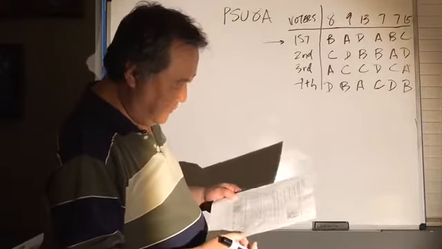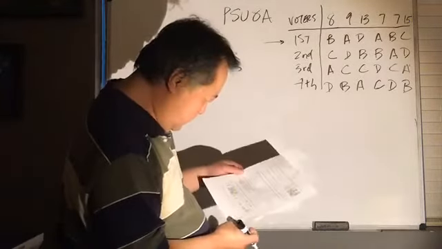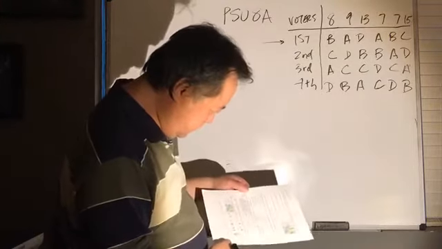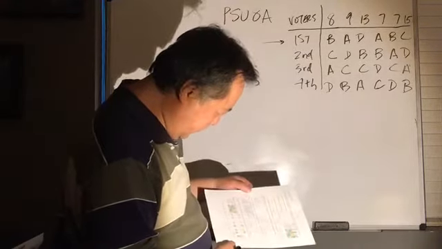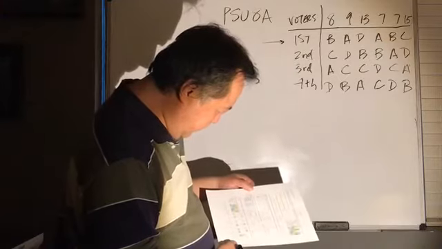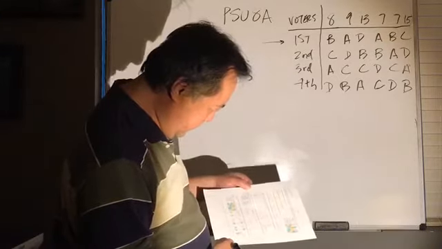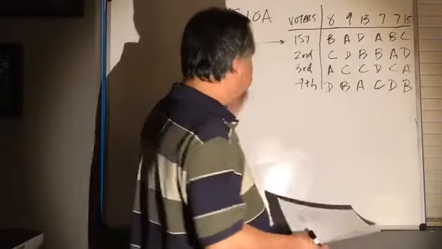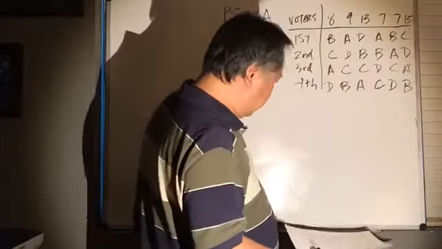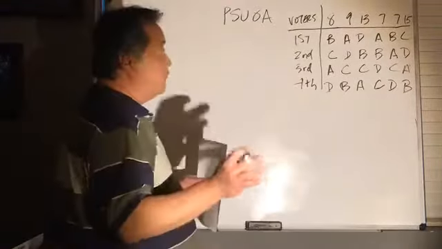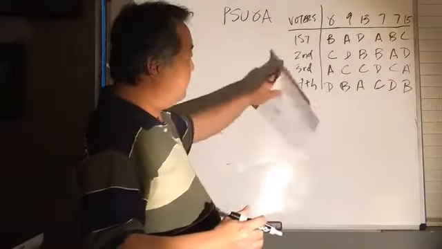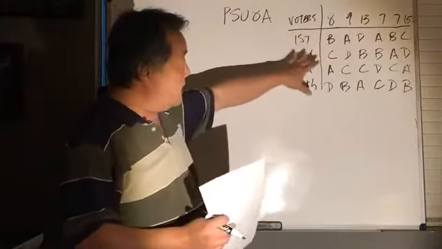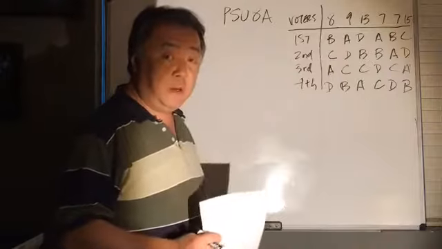Alright. Okay, so how do you do the pairwise? Well, first of all, you got to list all the different pairs. You're literally comparing A, B, C, and D a pair at a time.